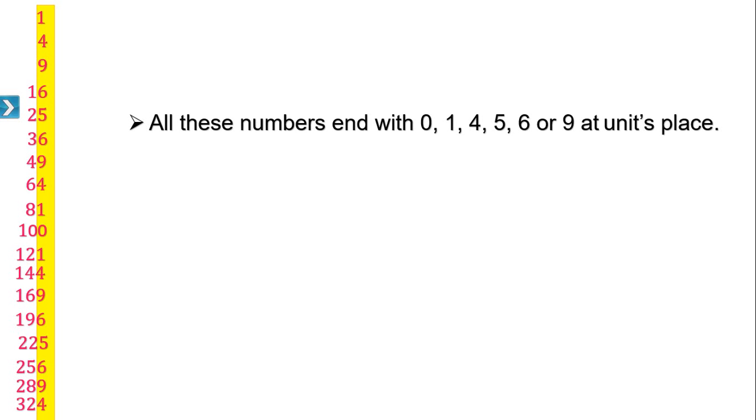From this, we can list out one property of square numbers, that is, square numbers end with 1, 4, 9, 6, 5 and 0. All square numbers end with 0, 1, 4, 5, 6 or 9 at units place.